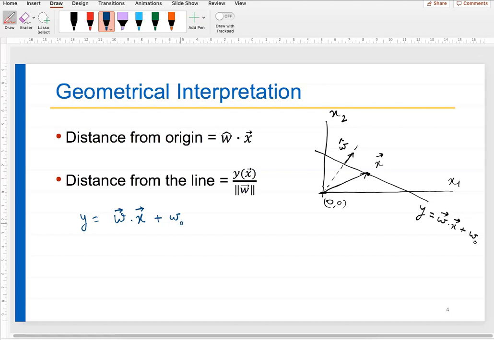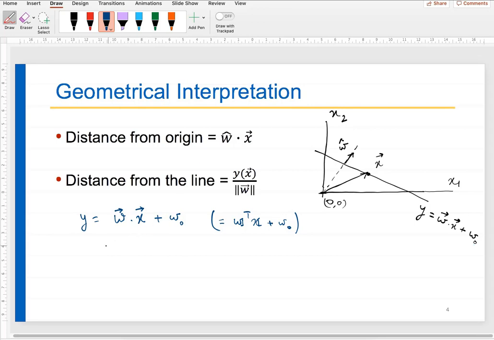W naught is a scalar. W vector dot x vector is the same as writing w transpose times x plus some w naught. These two are equivalent, but I am looking at the vector notation because I want to help you understand the geometrical interpretation of this linear separator.